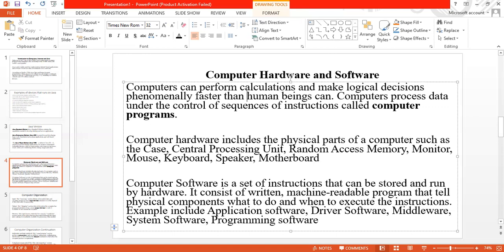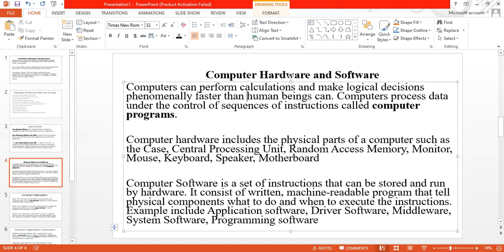Now you ask me, what is machine readable programs again? Now, when we are talking about programming, computers have their own language that they understand. These are known to be binary codes, and they are zeros and one.